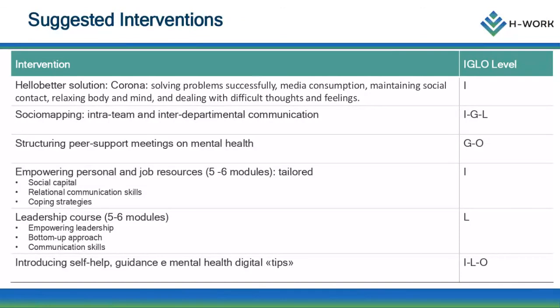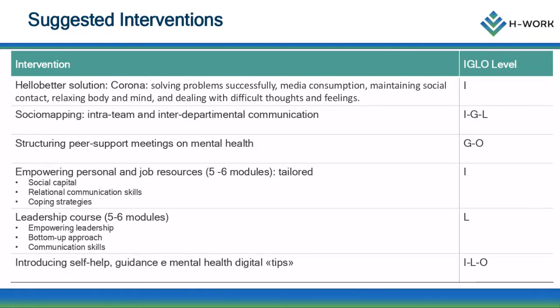As you can see, they have developed interventions at all 4 ECLO levels. So the first intervention they agreed on is a Hello Better training, individual training, and that's in response to Jenny's question. So there are interventions that are focused specifically on COVID-19.